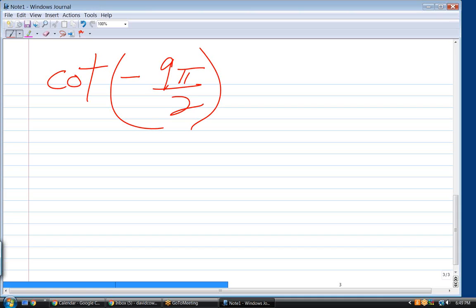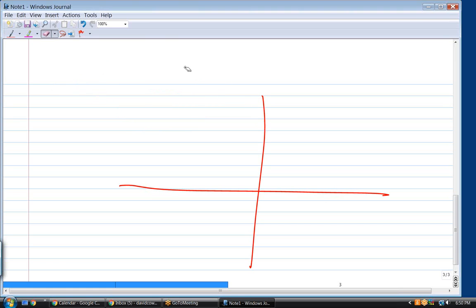First thing to do. Oh, this is a multiple of 90, so it'll make a 45-degree triangle? No, it's actually going to be a 90-degree triangle. In other words, this is a quadrantal angle. Let's talk about the quadrantal angles for a moment before we talk about this.